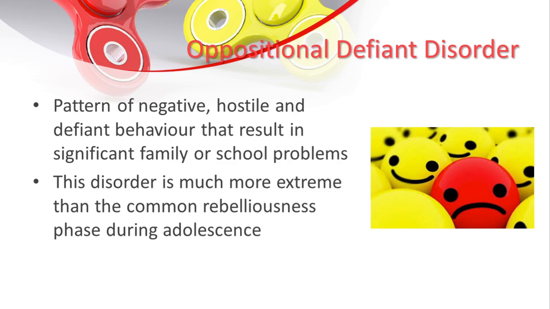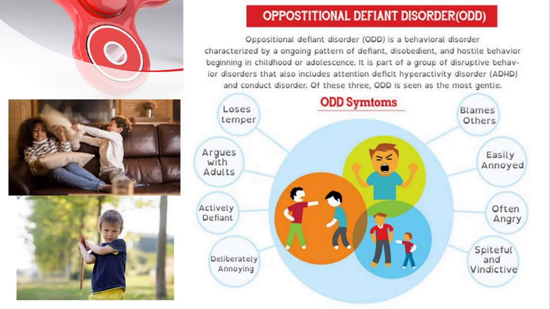You know that during adolescence, normally children show a rebellious attitude towards the parents and the adults, but this oppositional defiant disorder is crossing the limits and is much more extreme than the common rebelliousness shown during adolescence.